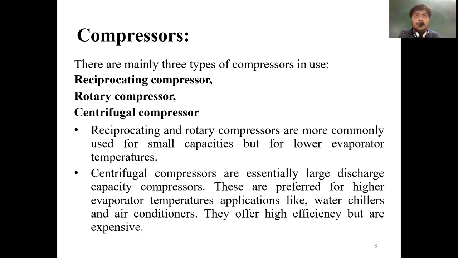If you want to transfer high pressure refrigerant to the condenser, you require a centrifugal compressor. These are preferred for higher evaporator temperature applications like water chillers and air conditioners. They offer high efficiency, but centrifugal compressors are more expensive.